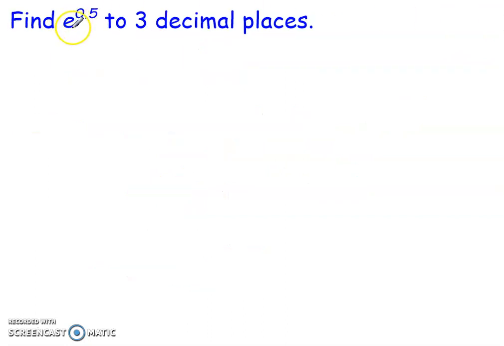Let's look at this example now. So e to the power of 0.5 to 3 decimal places. This is what we want to calculate here.